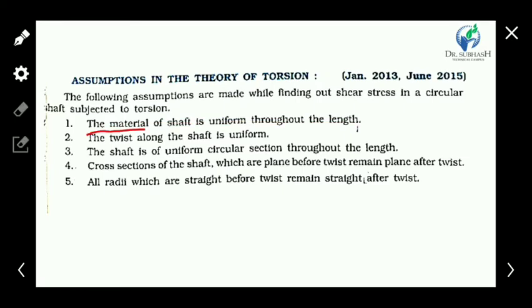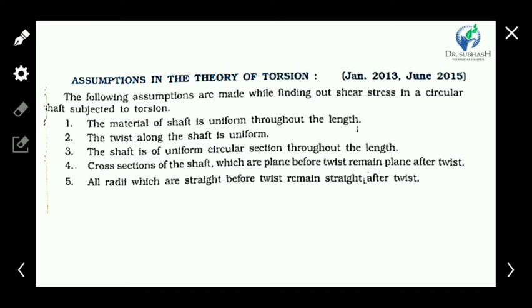The second assumption, twisting along the shaft is uniform, so the twisting of the shaft is uniform throughout the length. The shaft has a uniform circular section throughout the length, without any changes in the circular section.